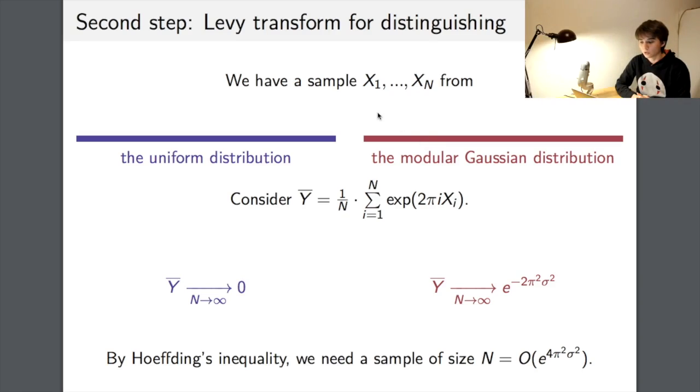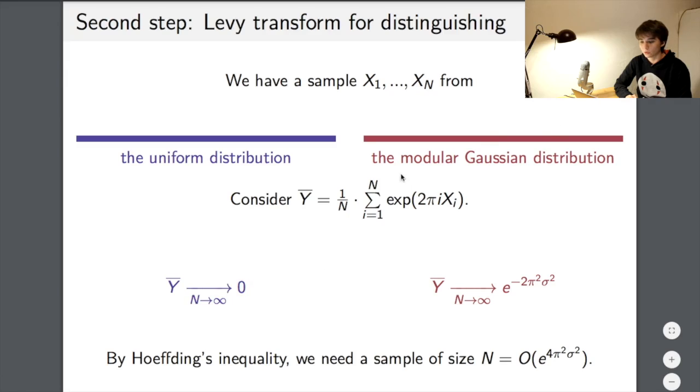In order to get rid of it, we use the Levy transform. So, in order to distinguish the distributions, we consider an estimator y, which is equal to the average of the Levy transforms of the sample. In case of the uniform distribution, as everything is symmetric, y converges to zero.